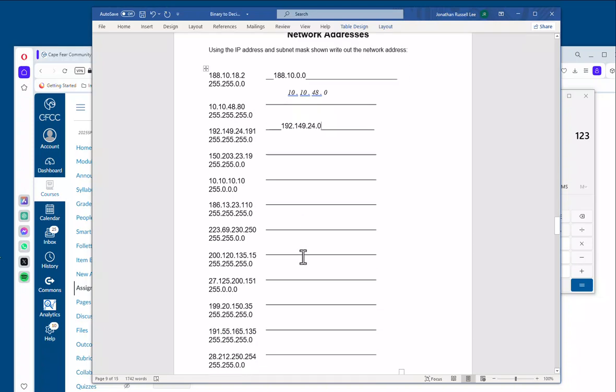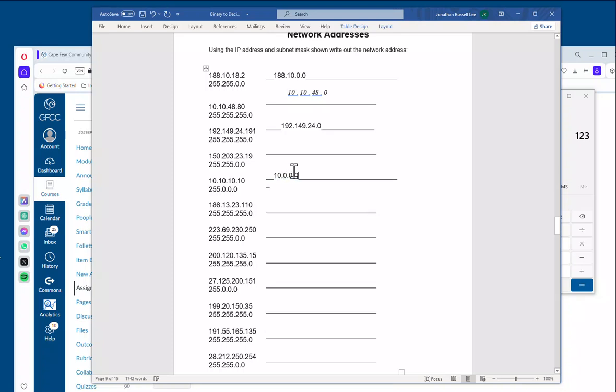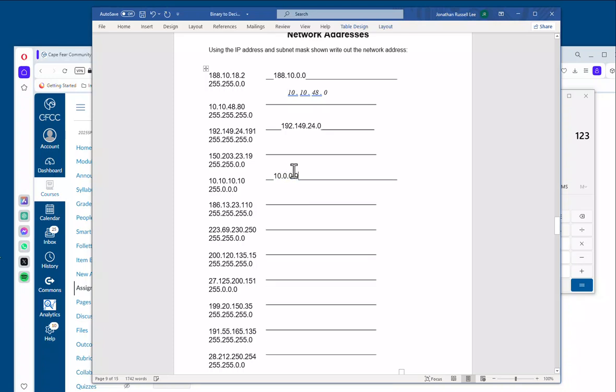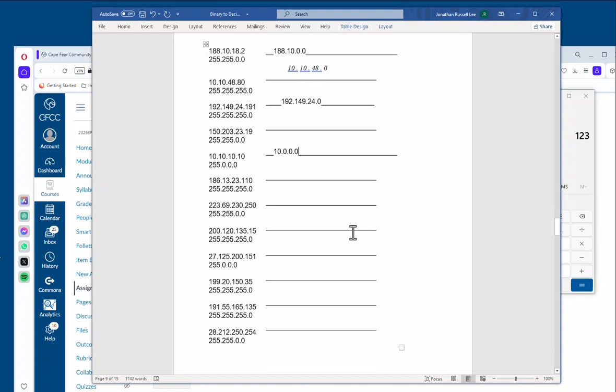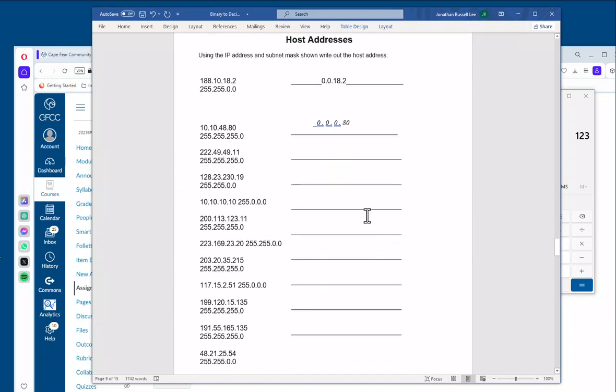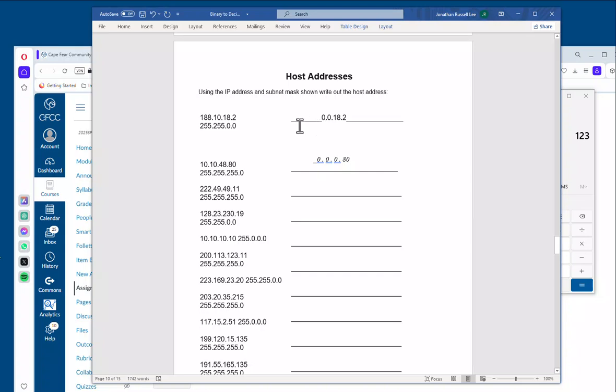Okay, makes sense. For this one right here, it's just going to be 10.0.0.0. Easy peasy. And then this down here is a little bit confusing, but this is how it is. If we're looking at the host portion, then we're just writing that part of the address that corresponds with the 0 in the subnet mask.